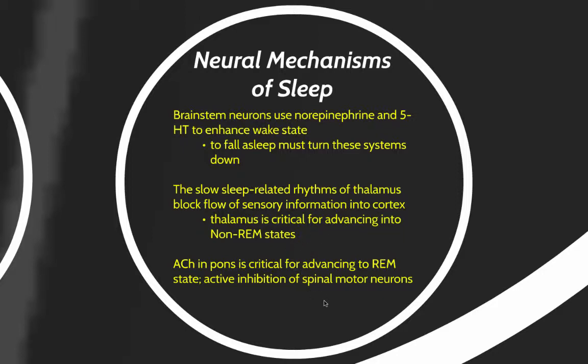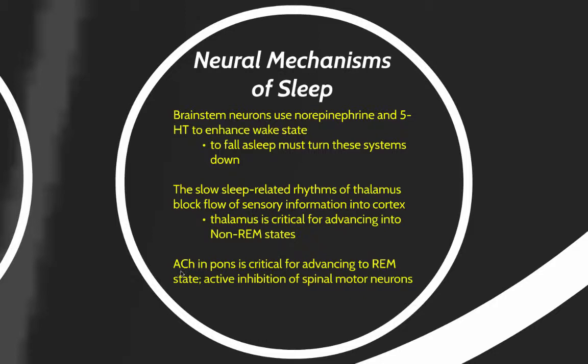But what about the REM period of sleep, the rapid eye movement? It turns out acetylcholine has a very important job. Acetylcholine in the cortex is going to actually promote those high frequency waves and increase neuronal activity, allowing for dreams, allowing for your mind, if you will, to be awake during this part of sleep.